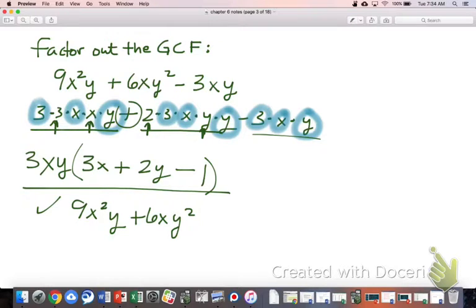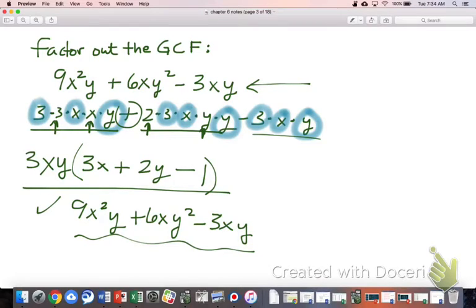And now maybe you can see where that 1 comes from. If that 1 wasn't there, when I tried to check this, then I wouldn't get that third term, and that third term was there, so it can't just disappear. And so as I distribute 3xy times minus 1, I get minus 3xy. So you can, of course, see that this is exactly the same as what we began with, and so I'd say that we're probably good.